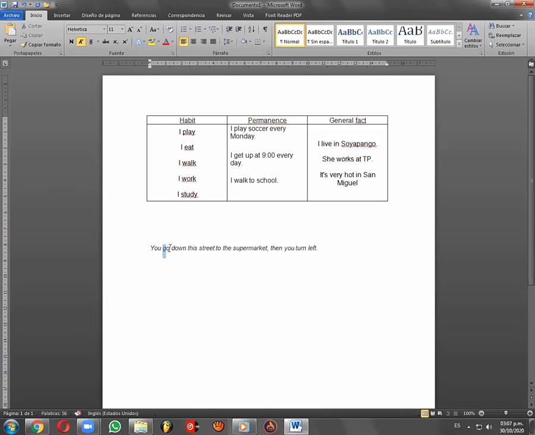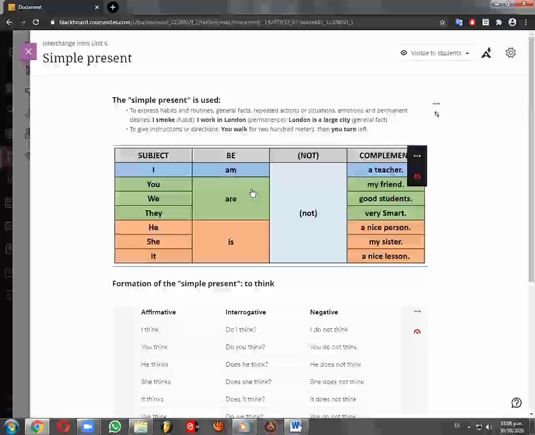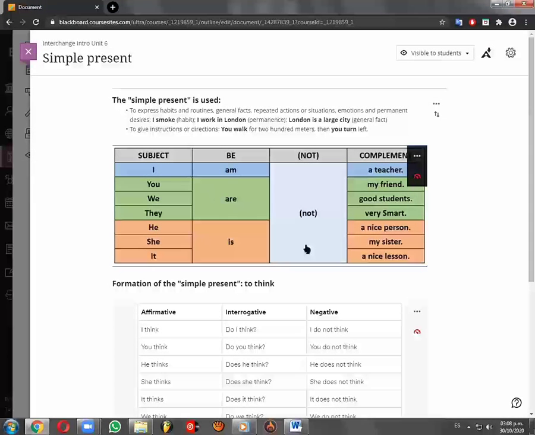If you can see, we can use these adverbs and also the verbs, right? So, this is a graphic where you can identify the simple present. Where is the function, right?